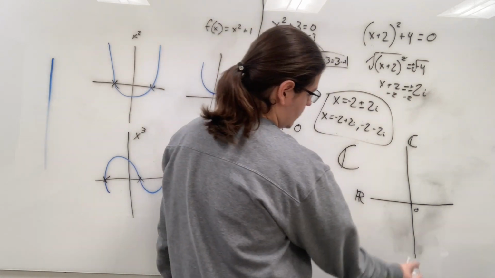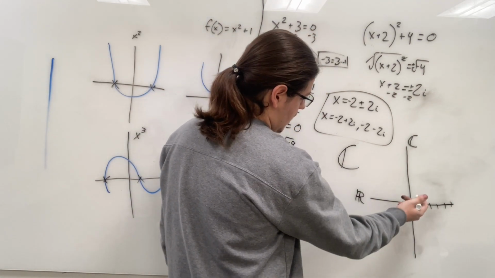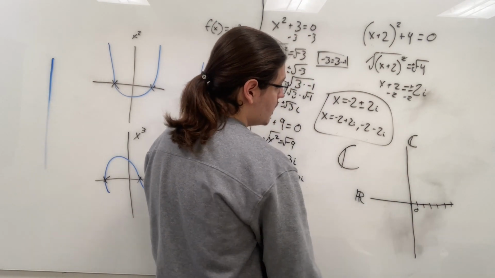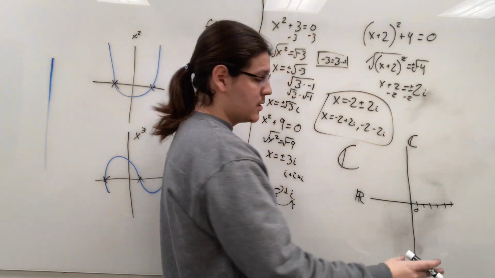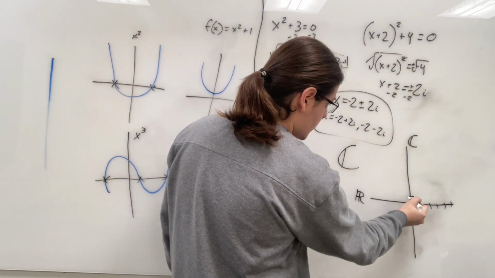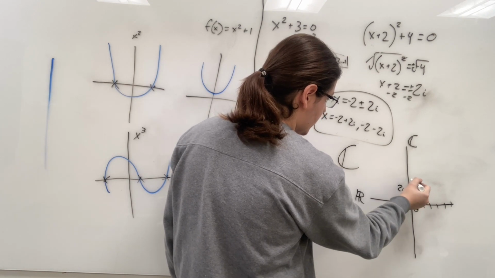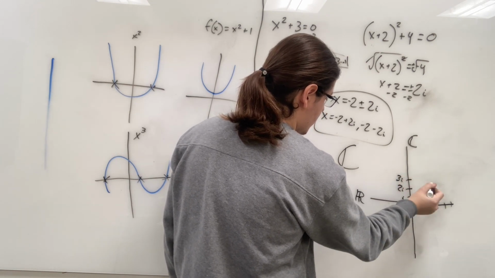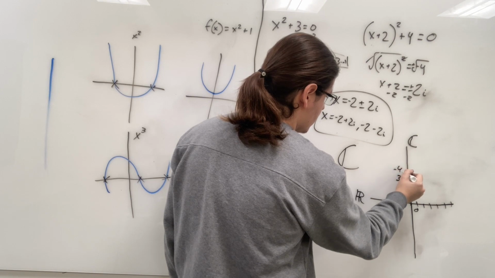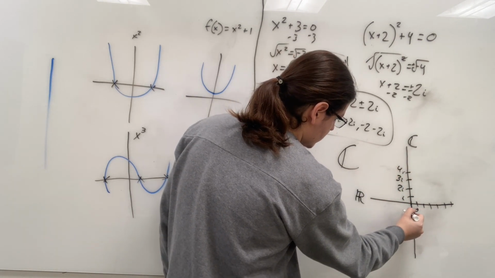So in the real number line, you'll just have 1, 2, 3, 4, 5, 6, negative 1, negative 2, and so on. But on the complex, this time, we will be increasing by an amount of i's. We go up 1i, 2i, 3i, 4i. And the same down.